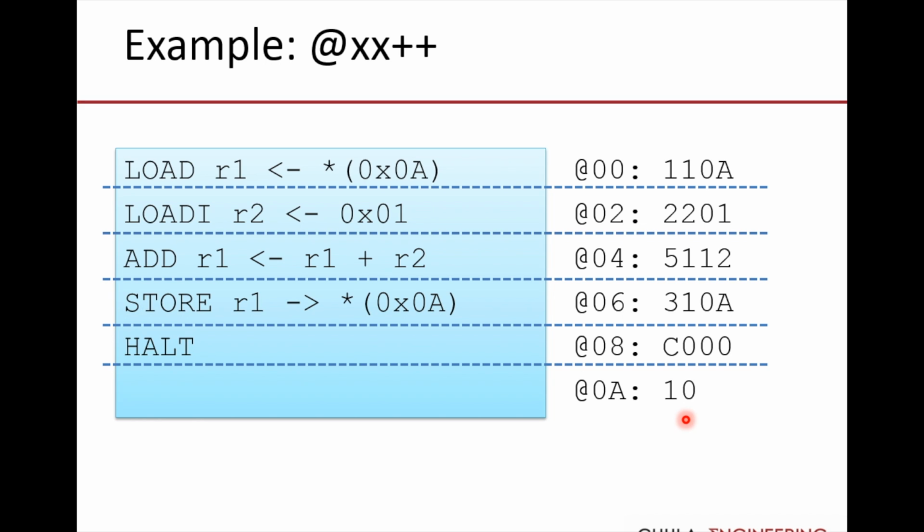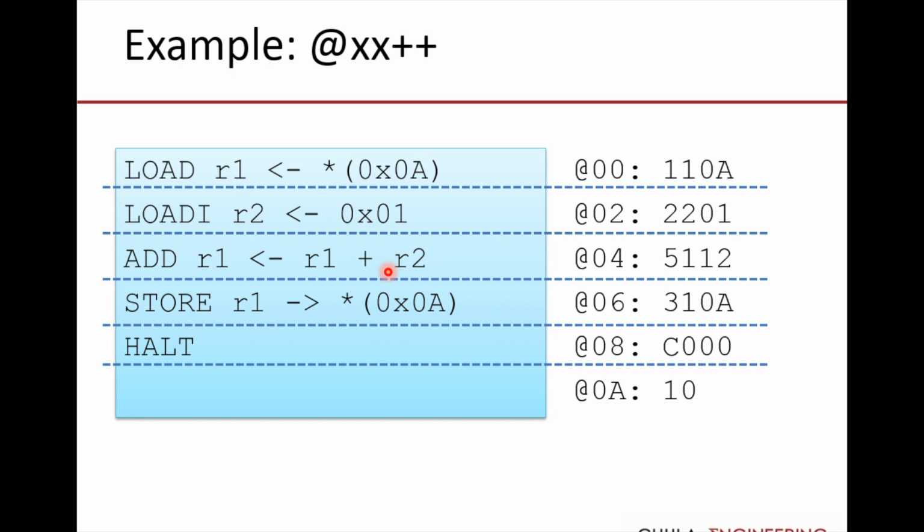Based on this, the value 10 will be loaded and stored into register 1. Then we will load the value 01 into R2. So right now R1 has the value 10 and R2 has the value 01.